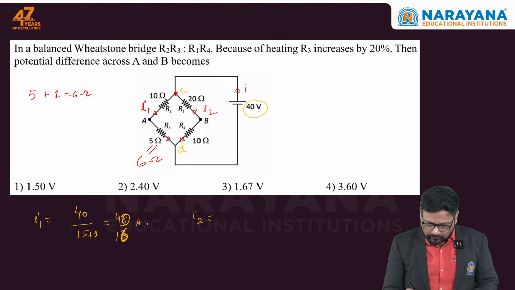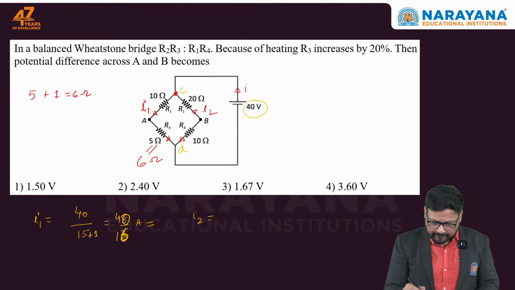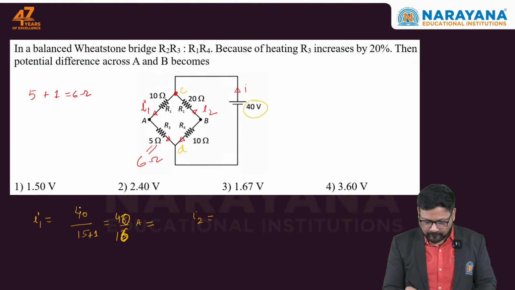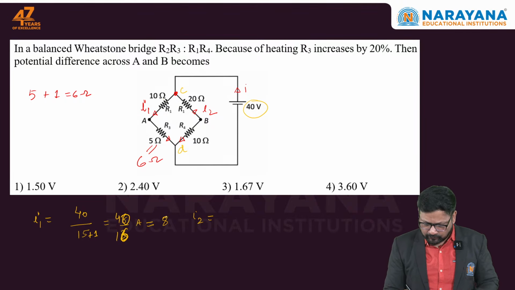So you can now write it as 40 over 10 plus 6. 10 plus 6 is 16, and the potential difference is 40. Okay, so 40 by 16, from 8 we can divide, so it is 5 by 2 ampere.